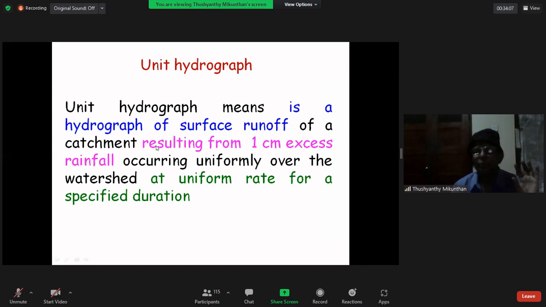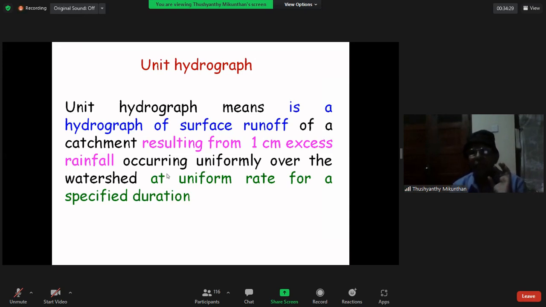Be careful, resulting from 1 centimeter excess rainfall. While doing the calculation, the actual excess may be 4 or 5 centimeter, but a unit hydrograph means for 1 centimeter excess rainfall.